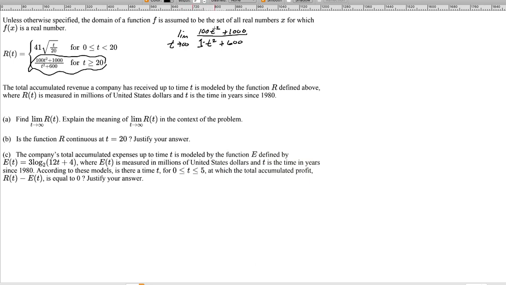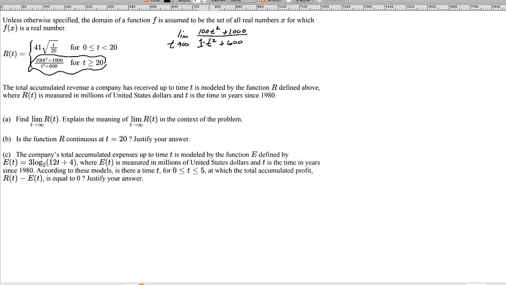The highest exponent on top could be greater than the bottom, in which case this limit does not exist. And it could be the reverse, that this could be a 2 and this could be a 3, so the highest exponent on the bottom is greater than the top. In that case, it tends towards 0.